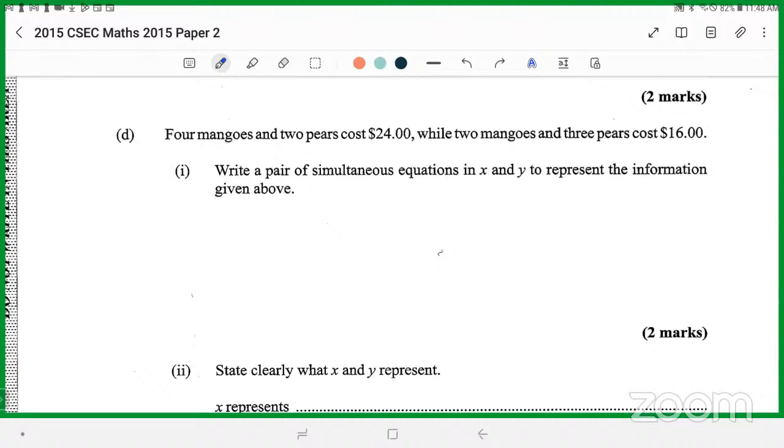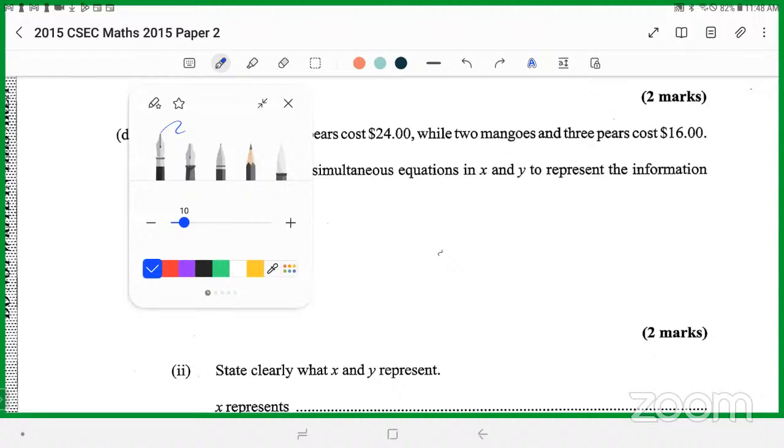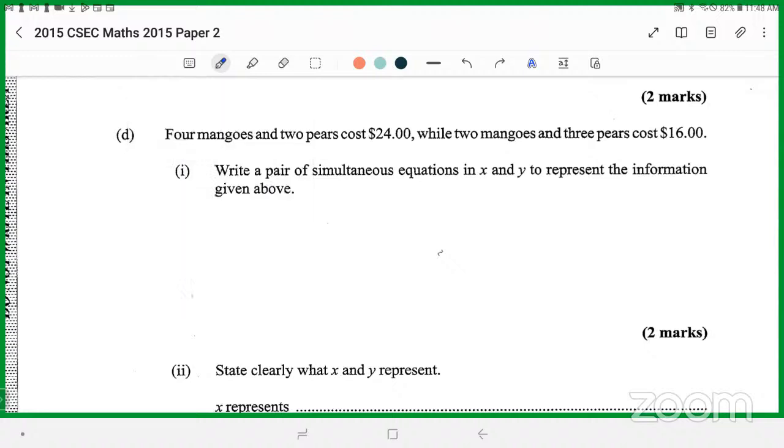So if I call X the number of mangoes, no, not X, the 4 is the number, I want the cost of a mango. So X is going to be the cost of a mango. So it's going to be 4X plus 2 pears, 2Y. I'm making X be the cost for a mango, Y be the cost for a pear.